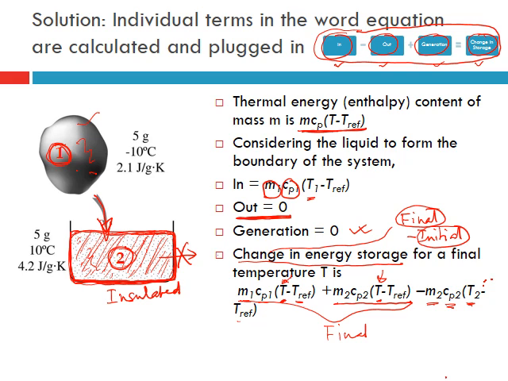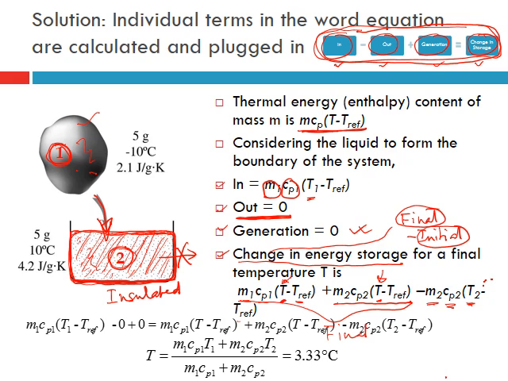So now we have all 4 terms. We simply plug into this equation. This is one equation and we have one unknown. So T is my unknown. So one equation, we can solve for T as unknown. So notice again, this is my in, this is out, generation, and this is the change in storage.